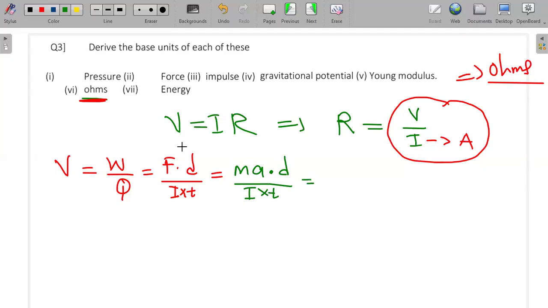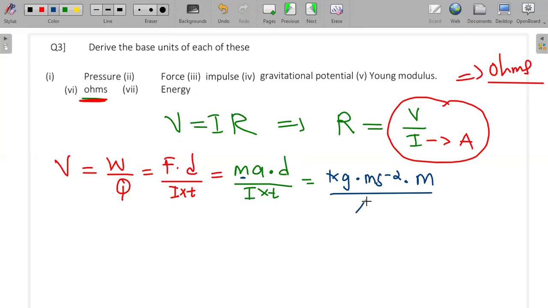So now I can put the units. What are the units for mass? Mass is kg. The units for the acceleration, we derived on question 1. That's simply m s to the power minus 2, multiplied by the units for the distance, which are going to be m. And then I'm dividing this by the units for the current.